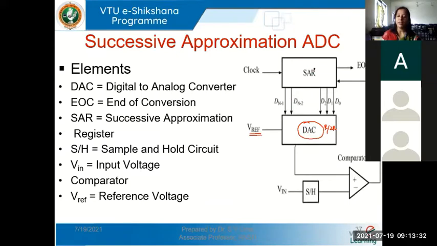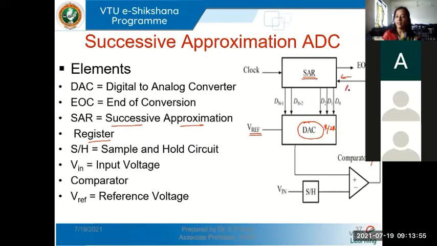And we have something called a SAR, or Successive Approximation Register. SAR stands for Successive Approximation Register. This register takes in a clock input. It also takes in an analog signal. So the analog signal is coming from here.